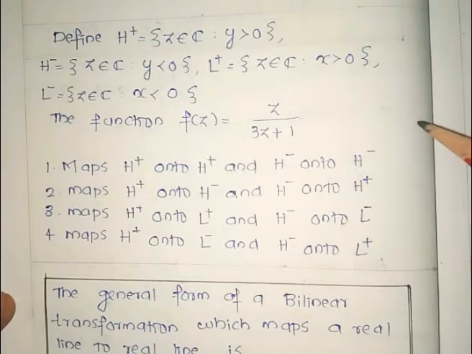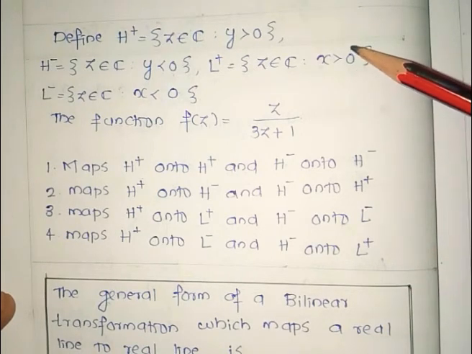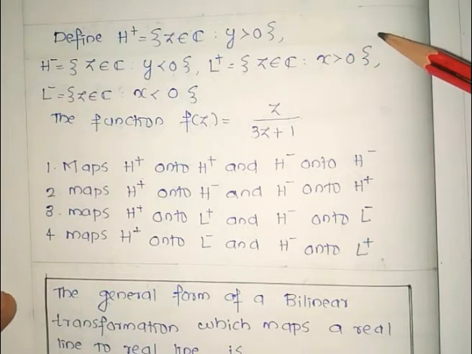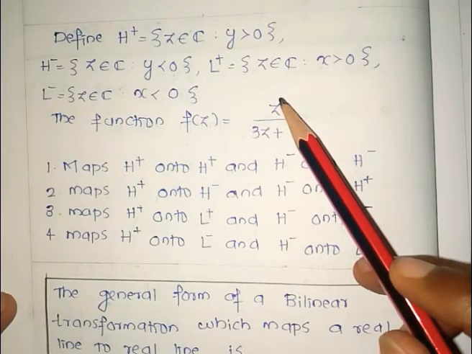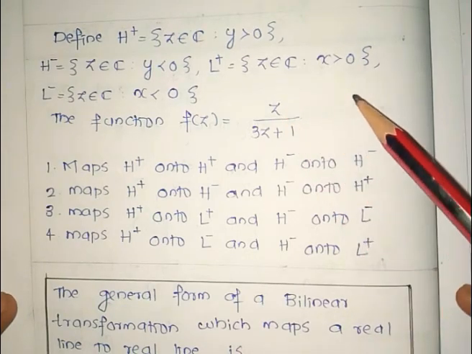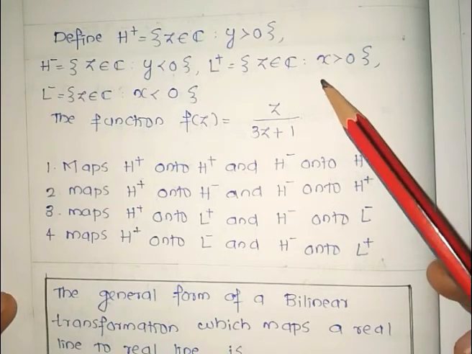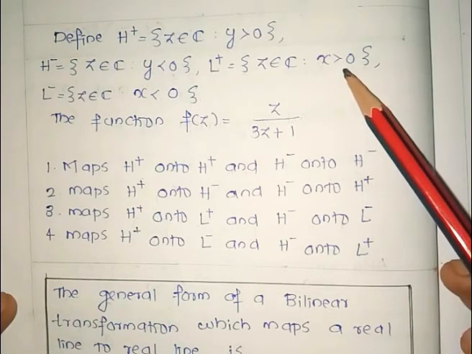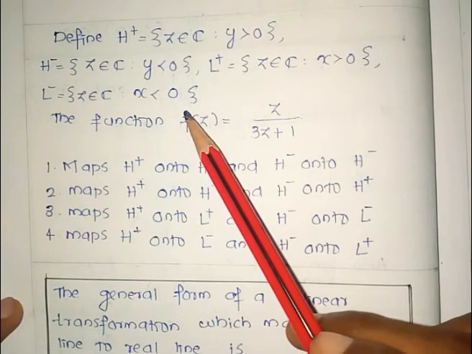Next question, it's also a part C question. Define H plus is equal to the set of z belongs to C such that y greater than 0, and H minus is equal to the set of z belongs to C such that y less than 0, and L plus is equal to the set of z belongs to C such that x greater than 0, and L minus is equal to the set of z belongs to C such that x less than 0.